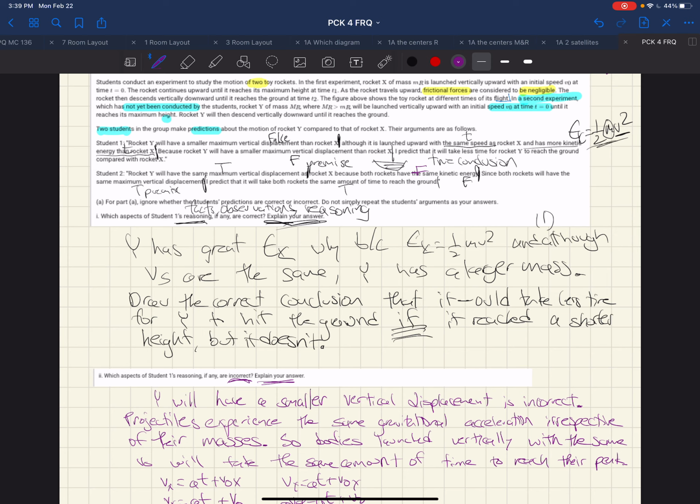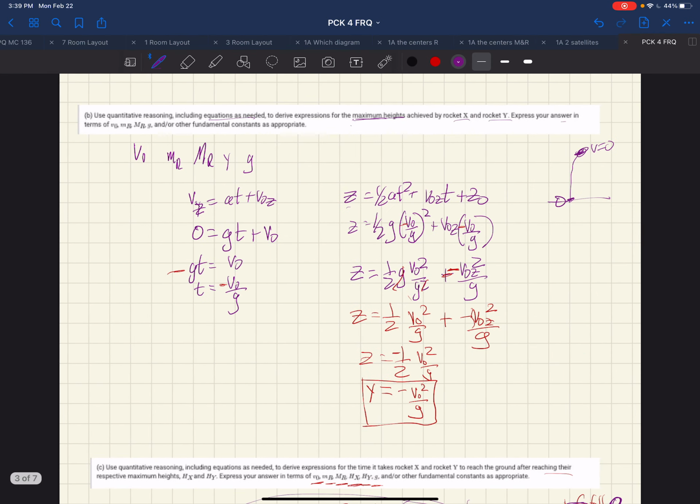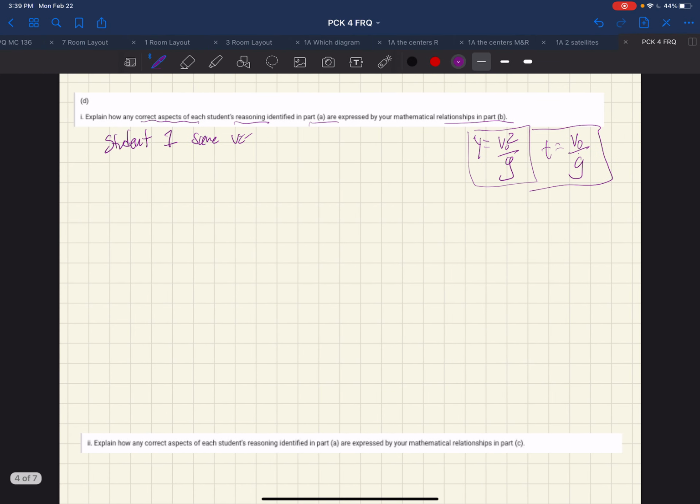And that it would take less time to hit the ground if it was a shorter height. Student 1, shorter height would take less time, according to those two equations.